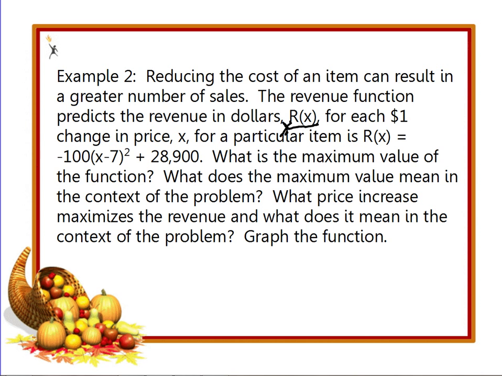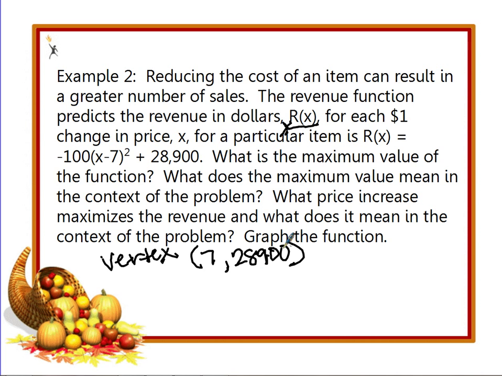So first of all, what's our vertex? Since it's H, K, our vertex is going to be at 7, 28,900. Do you think my usual graph of 0 through 10 is going to work here? Don't think so, right?